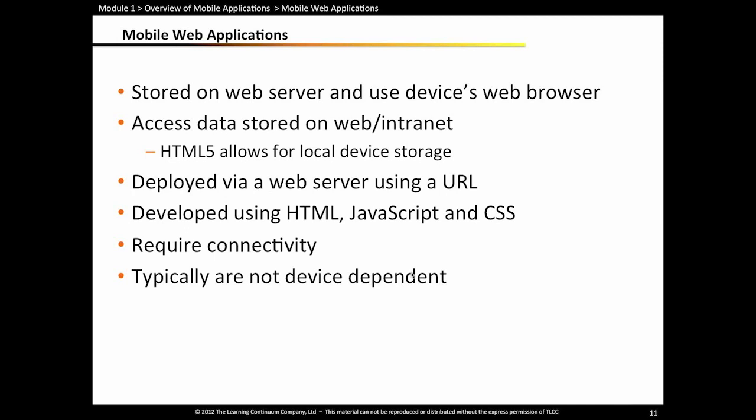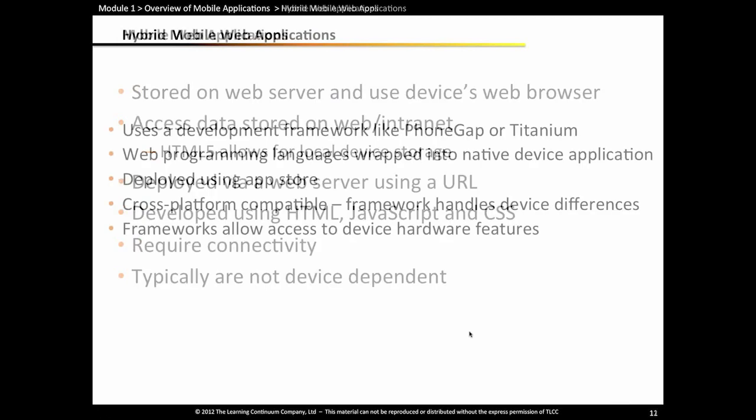Getting your application into the Android store is probably a little bit easier, but going in and actually submitting your application through the Apple acceptance process, even if it's a free application, even if you're not charging anything for it, it still has to go through the complete acceptance process. And that can be very, very time consuming and lots of iterations there. So mobile web applications tend to be a little bit more flexible.